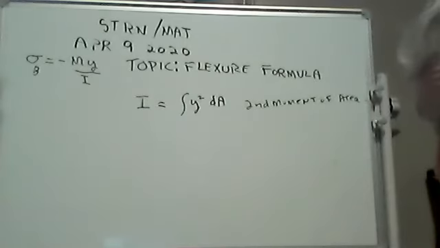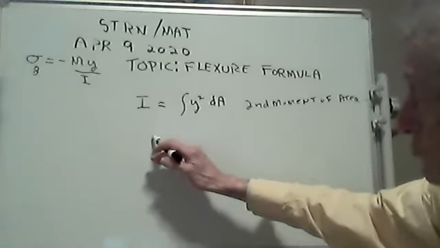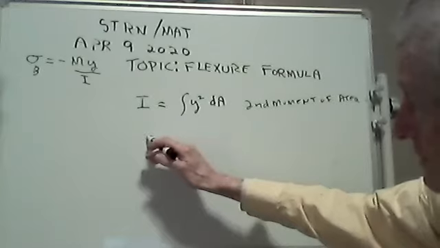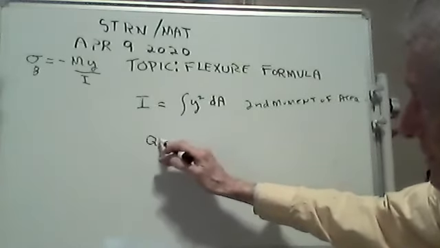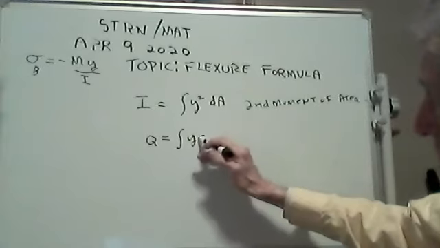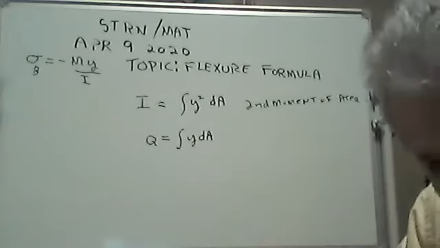Now, somehow I skipped all this stuff and we jumped into chapter 7, and you guys learned this here. I think they called it Q? Was it Q that they used in chapter 7? I believe so. And the name of it is first moment of area. Exactly. Thank you.